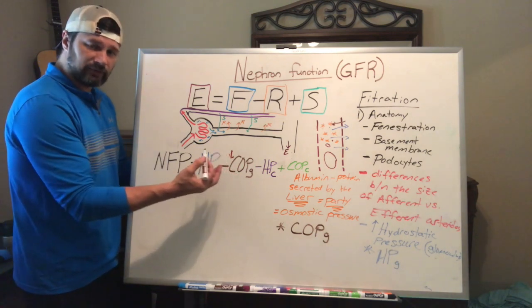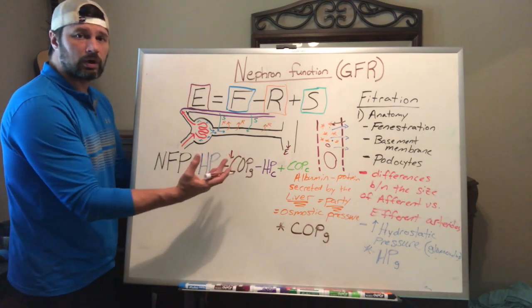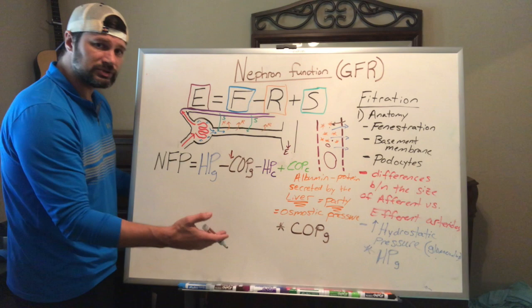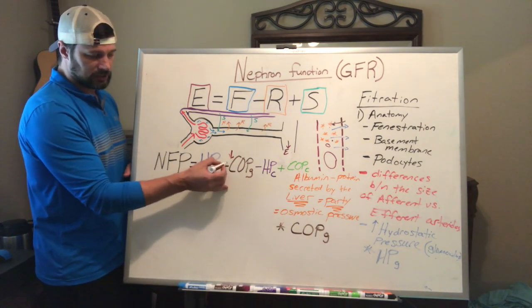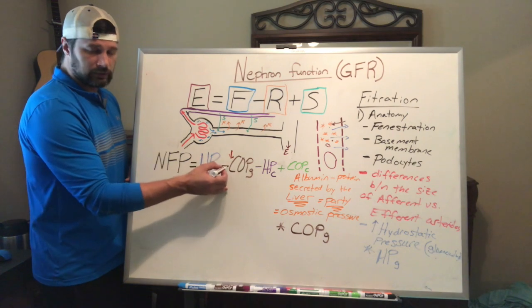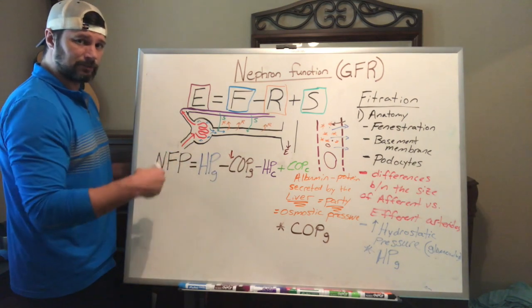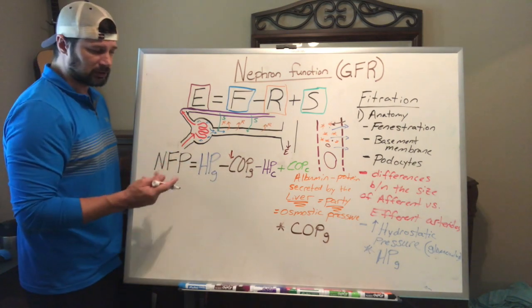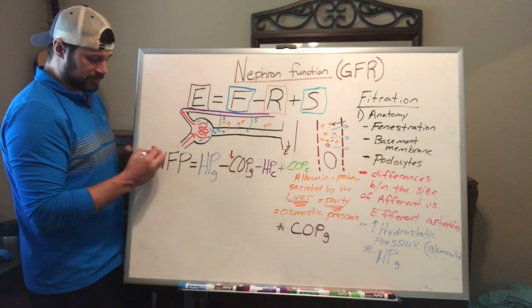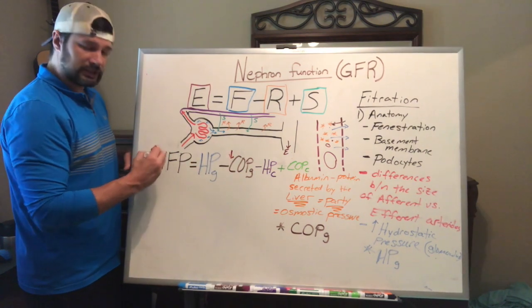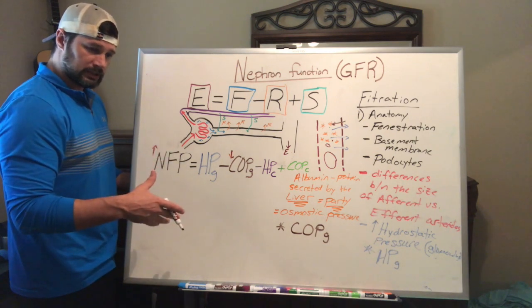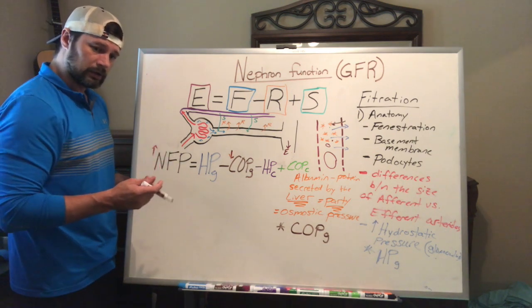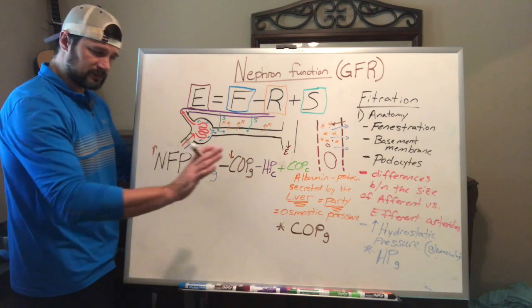As we get less of a party in our blood, there's less drawing power. We're not opposing hydrostatic pressure as well. So as COP decreases, because there's a minus sign here, we can think of this as inversely proportional, or opposite, to what's on the left. So as COP decreases, filtration will increase because there's less of a party in the glomerulus. Thus, there's less drawing power for water, so water leaves.